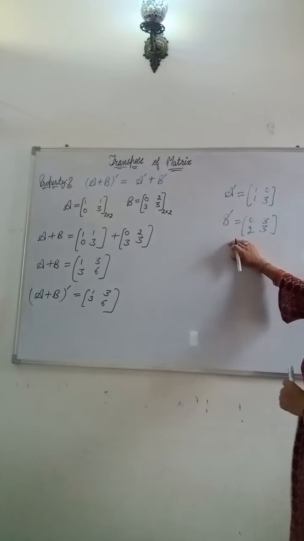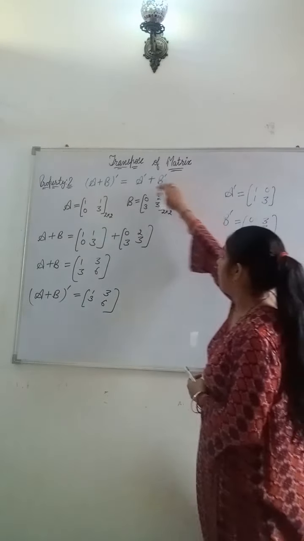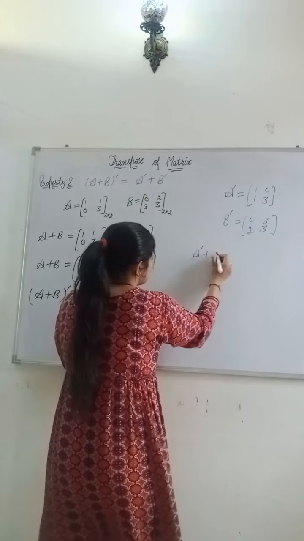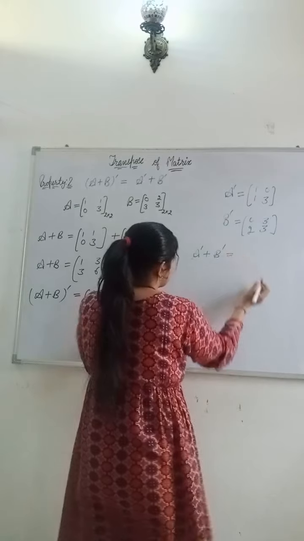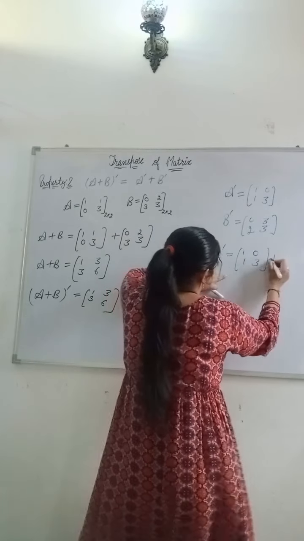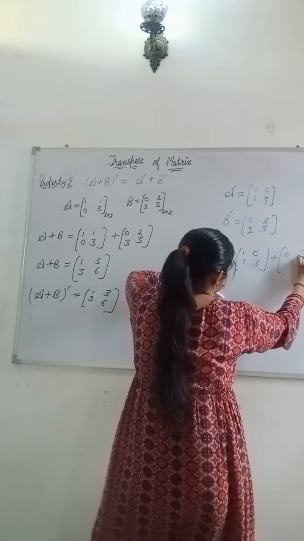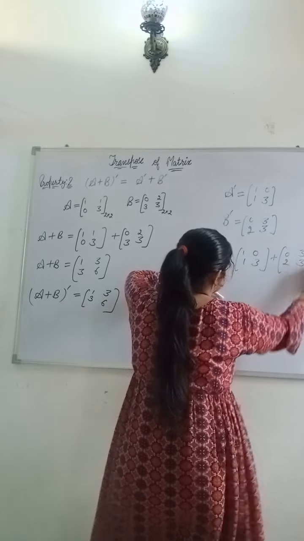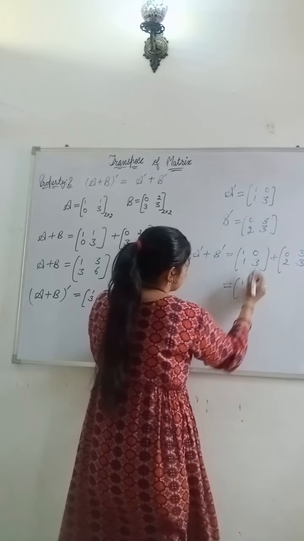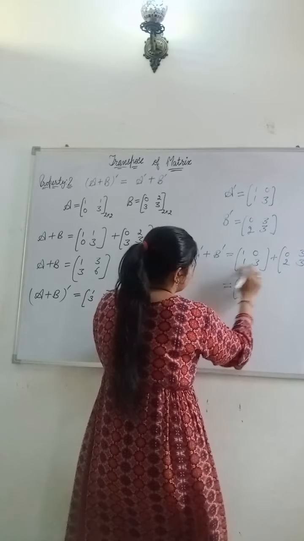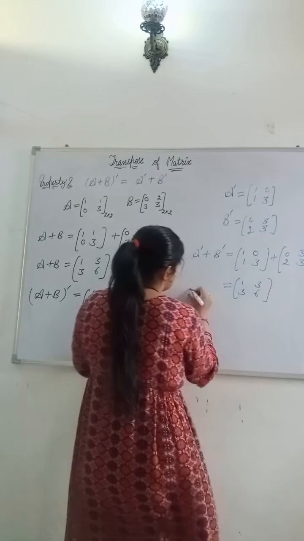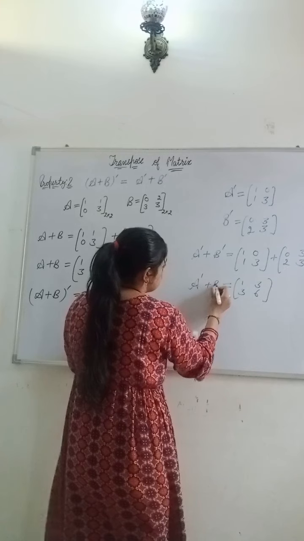Now just do the addition of A transpose plus B transpose. 1, 0, 1, 3 plus 0, 3, 2. Now do the addition. 1 plus 0 gives us 1. 0 plus 3, 3. 1 plus 2, 3. 3 plus 3, 6. Here A dash plus B dash.